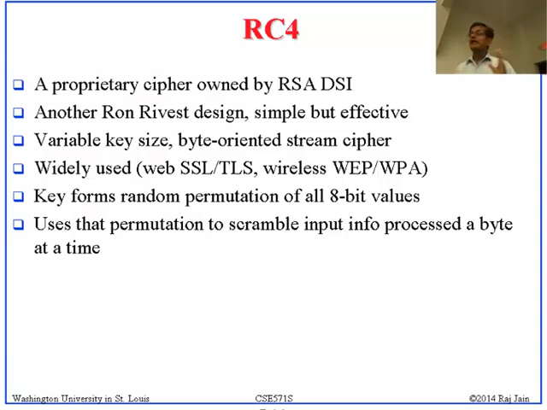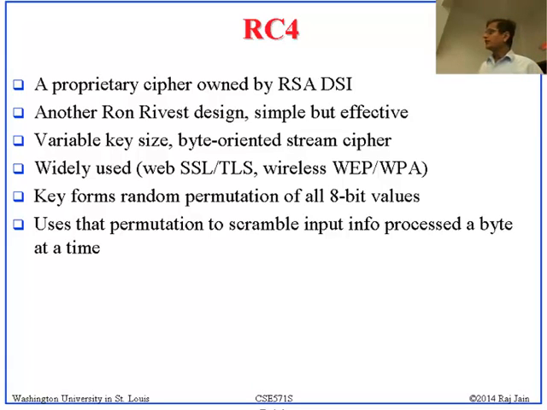You start with 256 registers, each 8 bits long, so each one byte. The registers are set to 0, 1, 2, 3, up to 254, 255, just sequentially numbered, and the content is also sequentially numbered.